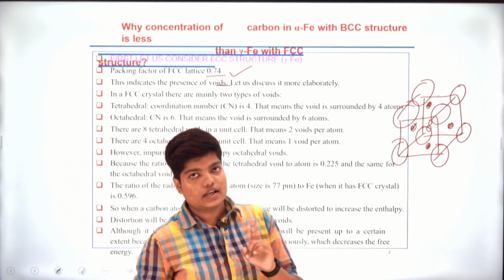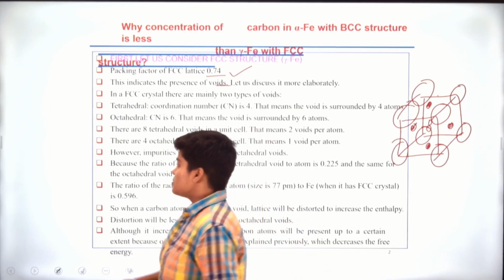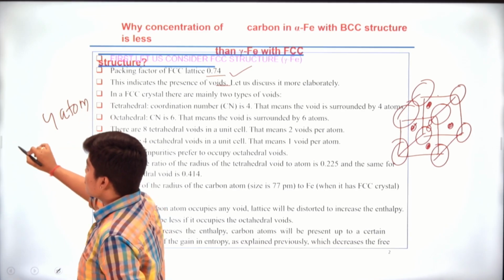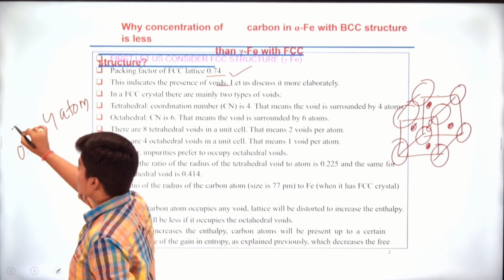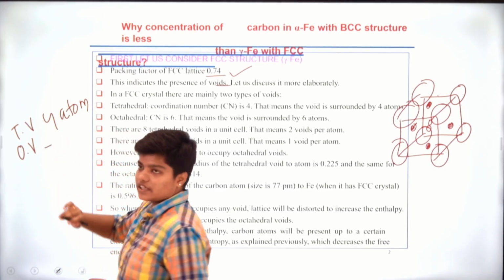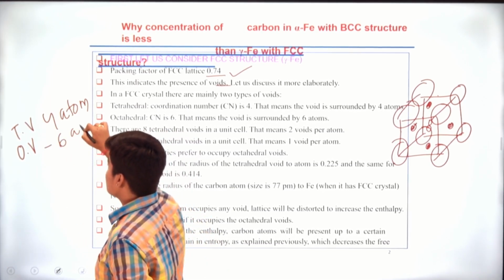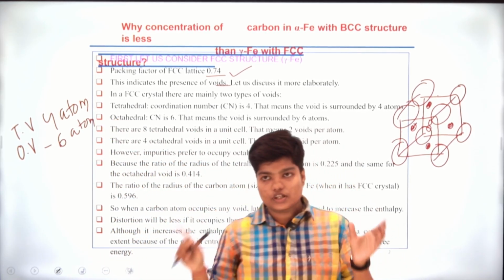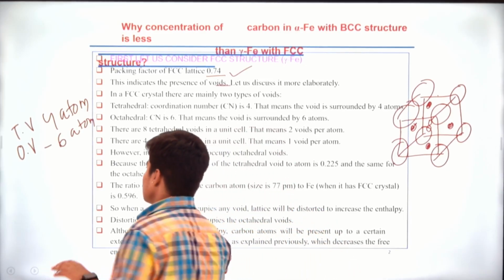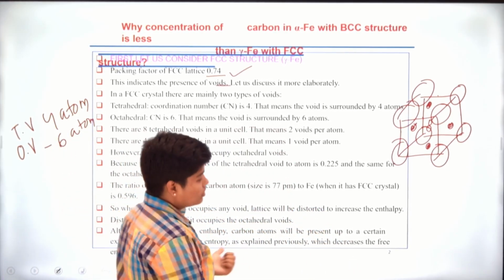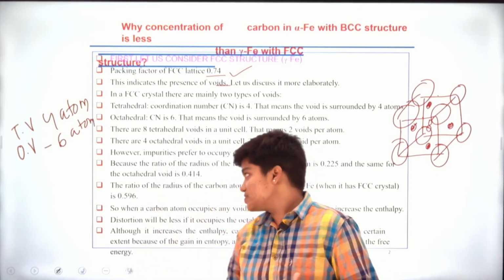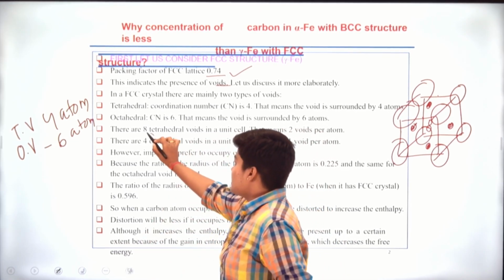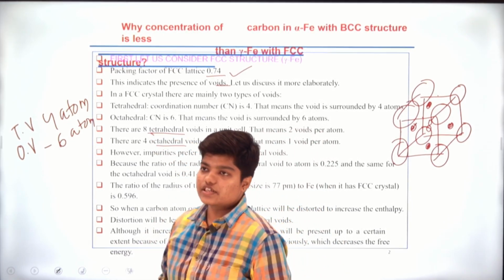A tetrahedral void is created by surrounding 4 atoms, and an octahedral void is created by surrounding 6 atoms. Remember, the space generated by 4 atoms is the tetrahedral void, and for an octahedral void 6 atoms are needed. There are 8 tetrahedral voids and 4 octahedral voids in FCC.